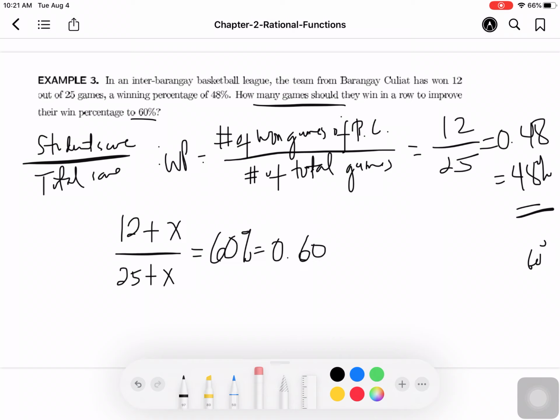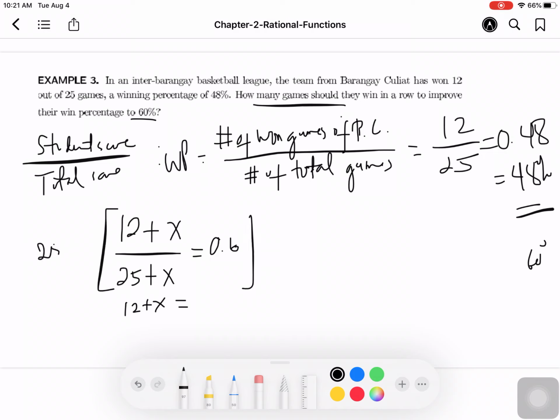Okay, so I will write that as 0.6. Then compute. So this will become 12 plus x. We will multiply both sides by 25 plus x. So cancel, cancel. So for this side, 0.6 times 25 plus x.